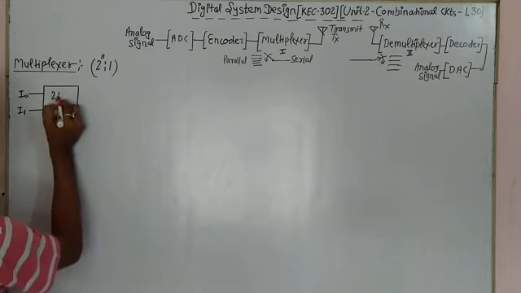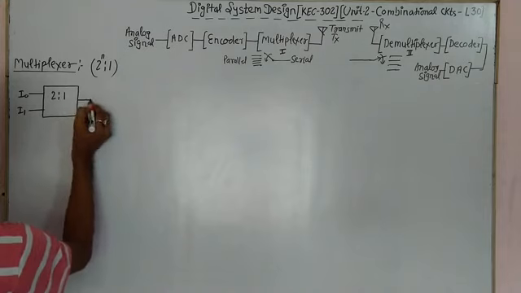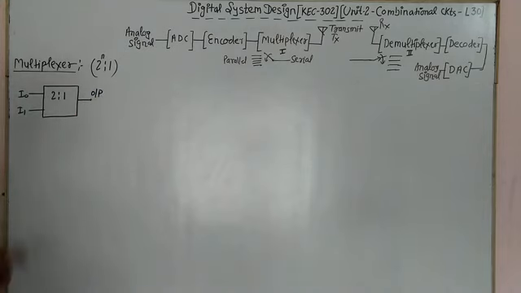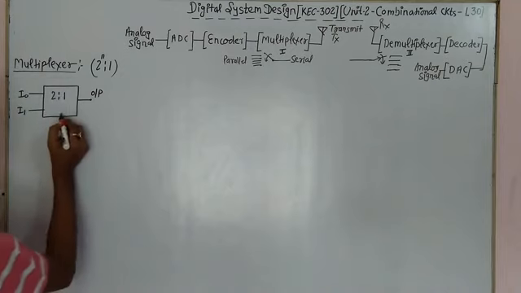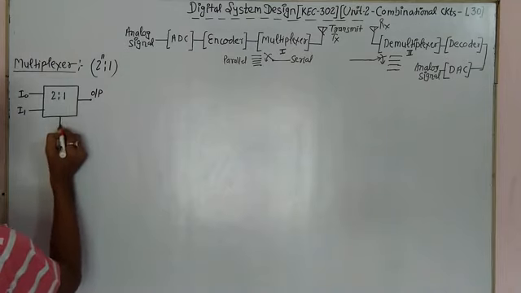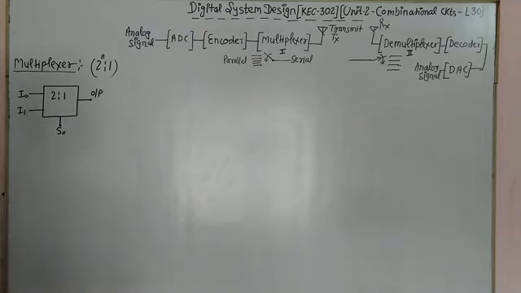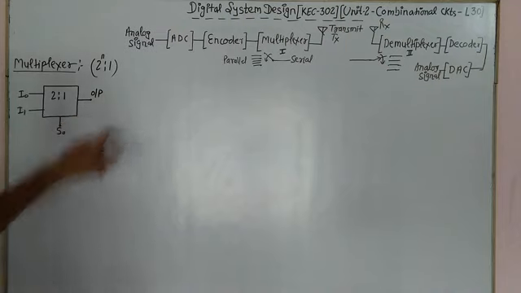So this is a 2 to 1 multiplexer with a single output. At the output, at a time you will get one input transferred. So there is a need for a select line. This is S0. S0 will decide which input passes to the output.